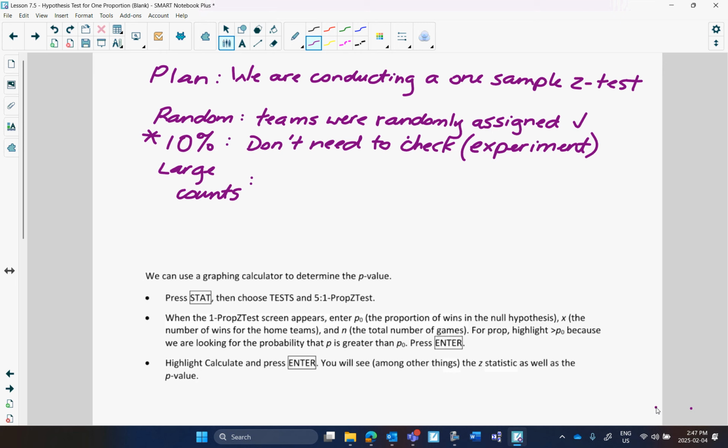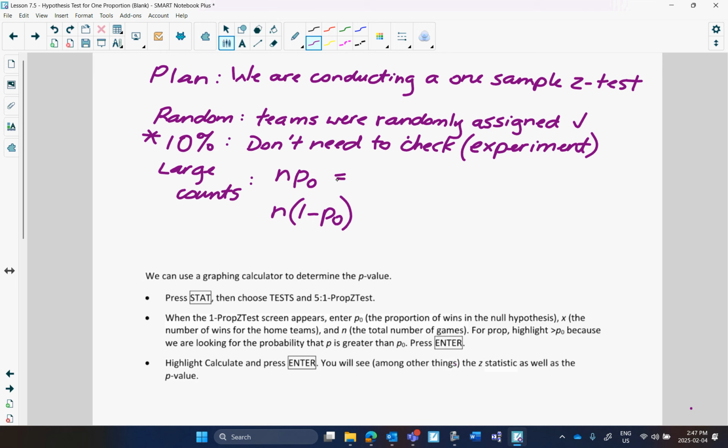Most of the time, you're going to have to check whether your sample size is less than 10% of the population. But in this case, you don't have to, because it's an experiment. The large counts you have to. So you've got to take your sample size times the null value, and that has to be greater than or equal to 10. And then you've got to take your sample size times 1 minus your null value, and that also has to be greater than or equal to 10.